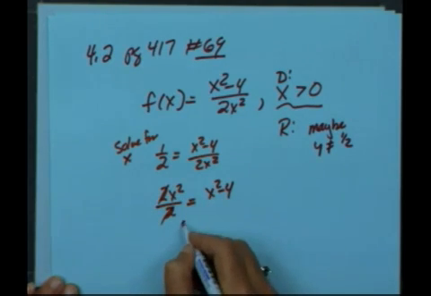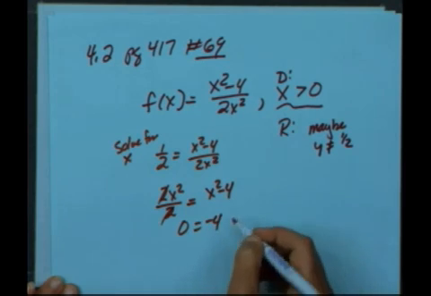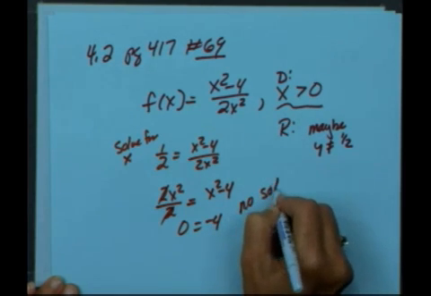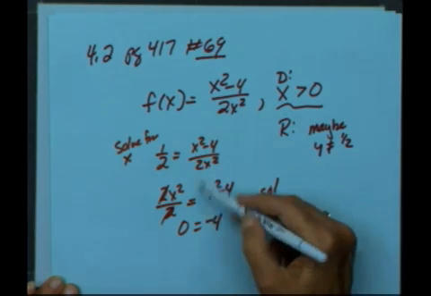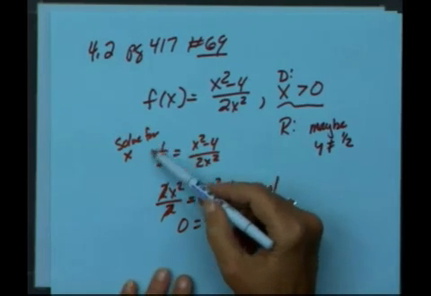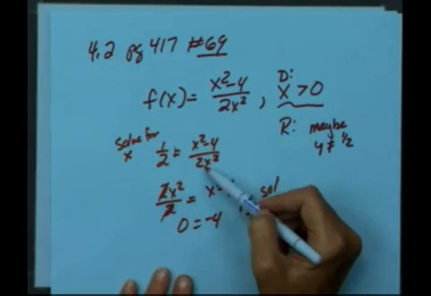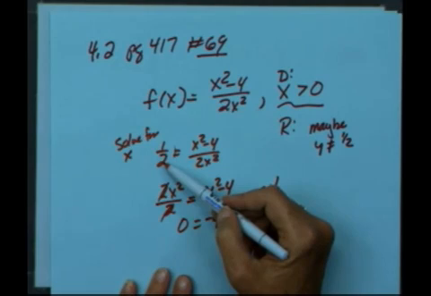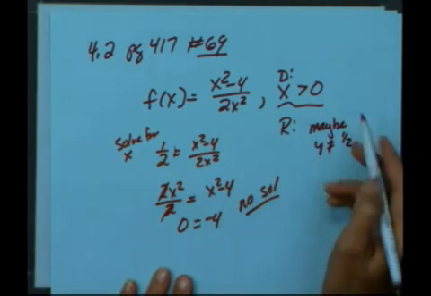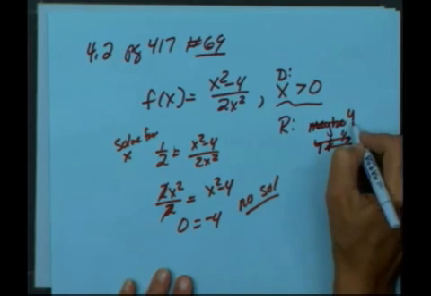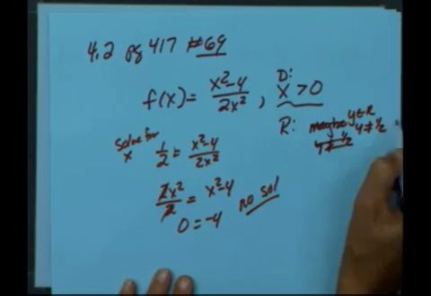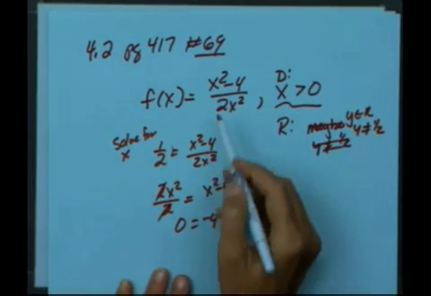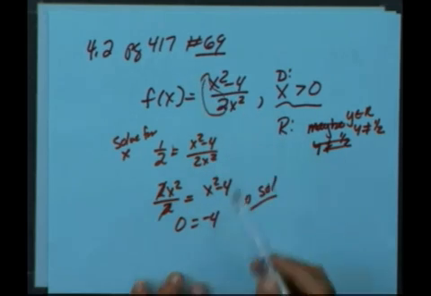If you subtract x squared from both sides, you get no solution. There's no way that 0 equals -4. So there's nowhere this curve will cross y equals a half. Our range is all real numbers except y will never be equal to 1/2. Y equal to a half is your horizontal asymptote, and that is the only place that y might be left out.